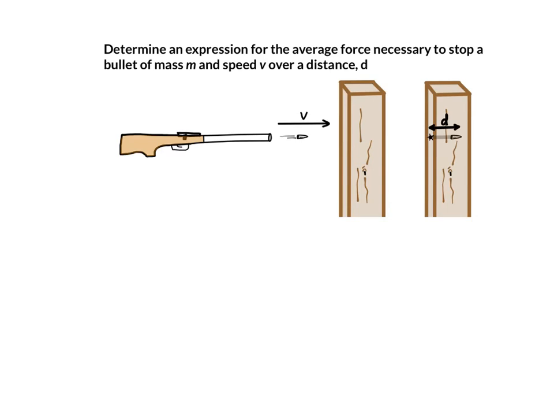Sometimes it's hard to tell if they're asking you an energy problem or a momentum problem. So let's take a look at this particular question and try to determine what they're asking us. They're asking for the force necessary to stop this bullet over a distance d. Now the variables they gave us were force, displacement, mass, and velocity.